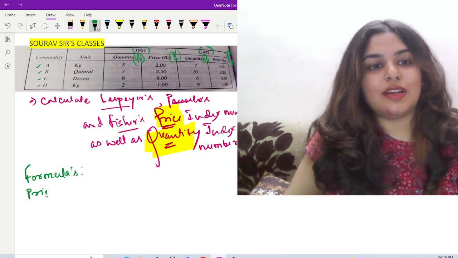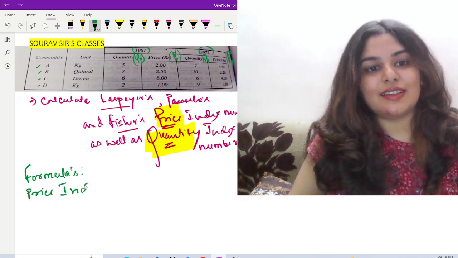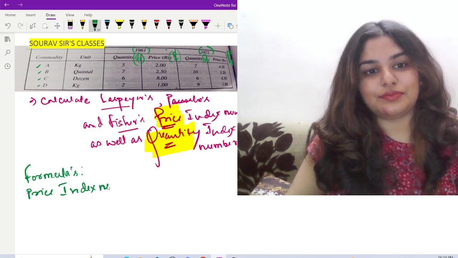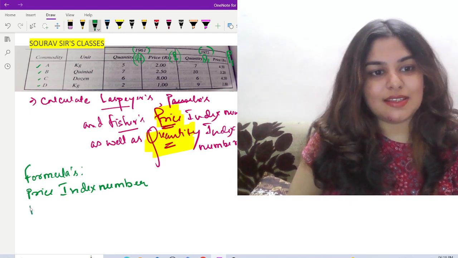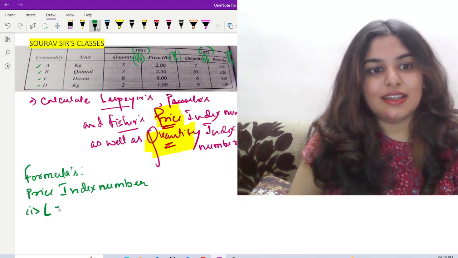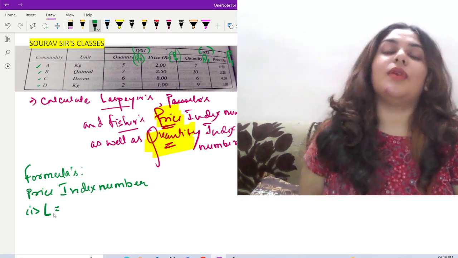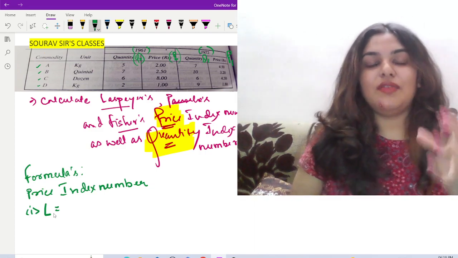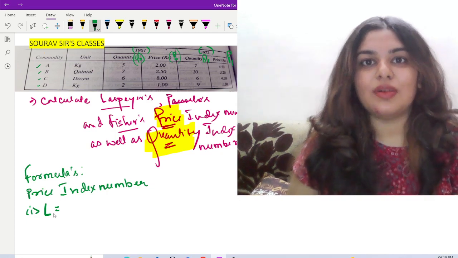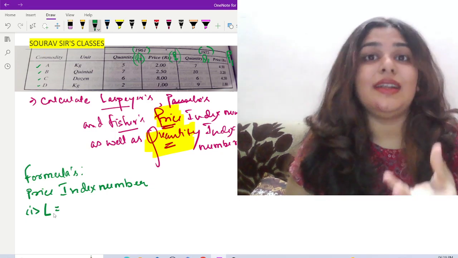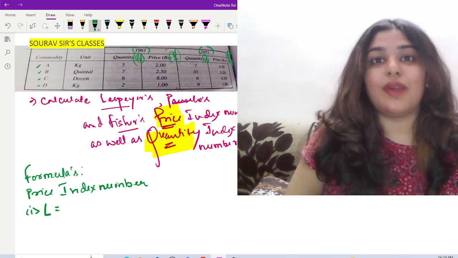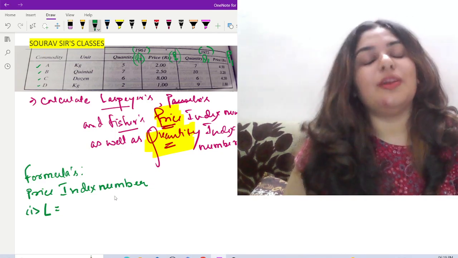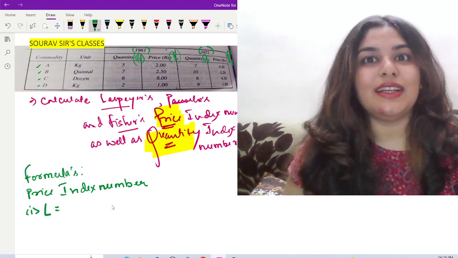Let us first write down the formula for the price index number. Let us denote the Laspeyres price index number with L. In this type of index number, whenever we are calculating the price index number, we treat quantity as the weights. So these are the price relatives, and with the price we take the quantity as weights.